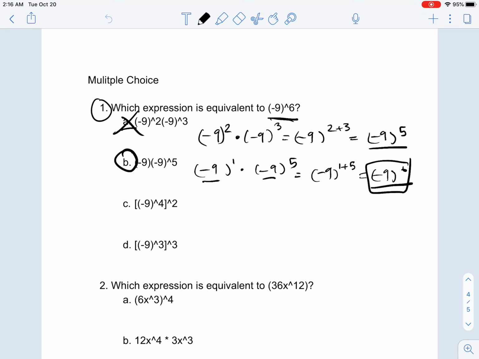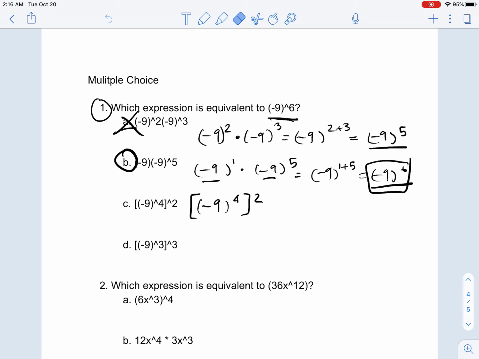Now to make sure, you can always check the other answers. Negative 9 to the 4th power to the 2nd power. What this means is that since there's a second power, this is going to be raised by 2.